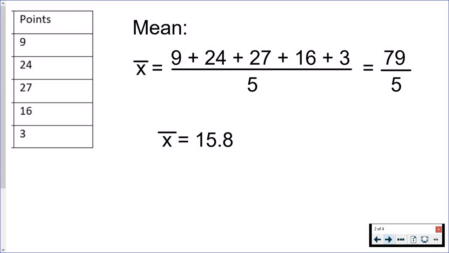We need to use the mean in order to actually find our standard deviation. So what we're going to do is take all 5 of those numbers, starting with 9, and I'm going to subtract the mean. And then I'm going to square that number.